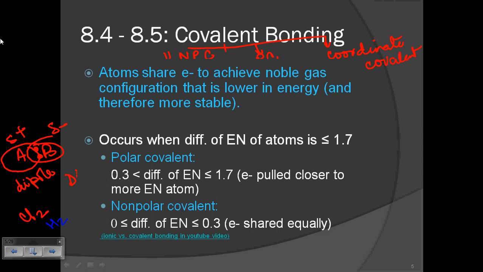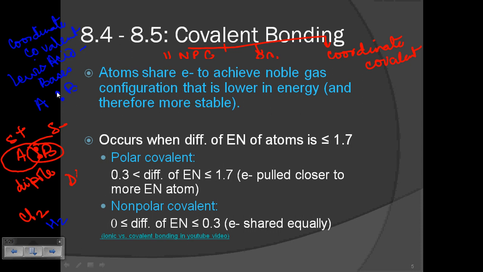Now what is a coordinate covalent bond? A coordinate covalent bond is generally present in Lewis acids and bases, and we'll be going over it a little later in the year. In Lewis acids and bases, a pair of electrons is shared between the two atoms or participating species, but this shared pair is provided by only one of the species.